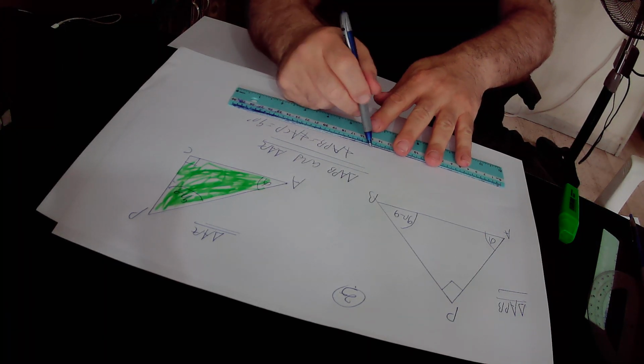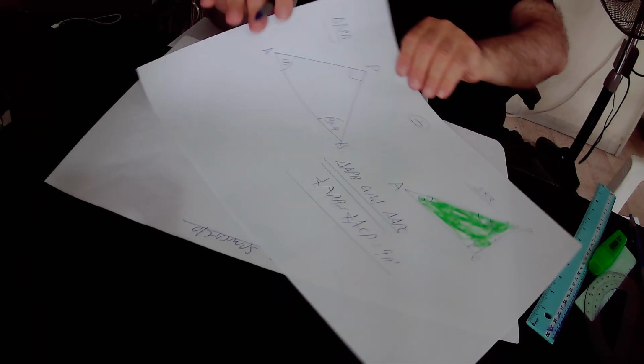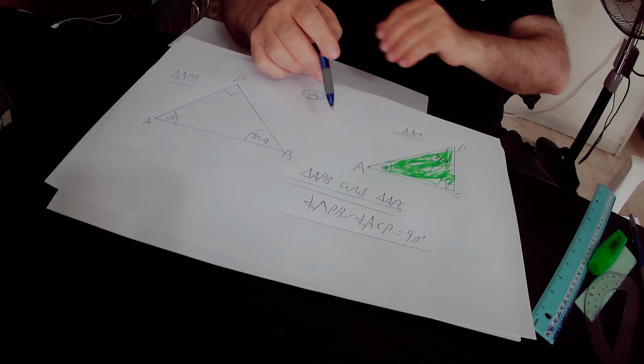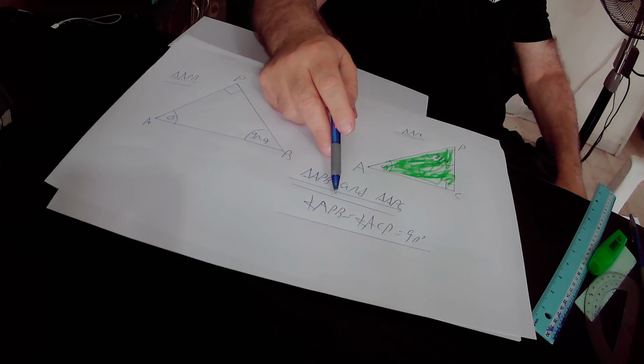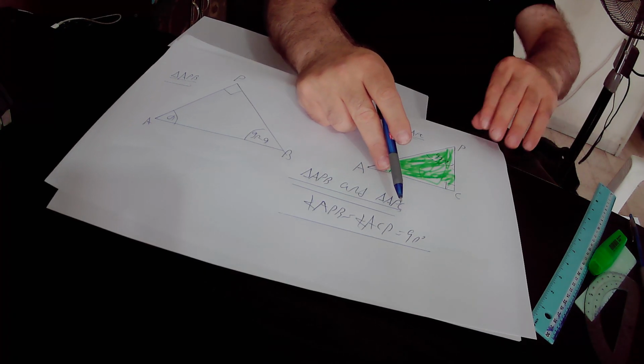So, angle APB in the right triangle equals angle ACP in the green triangle. They are both equal to 90 degrees.